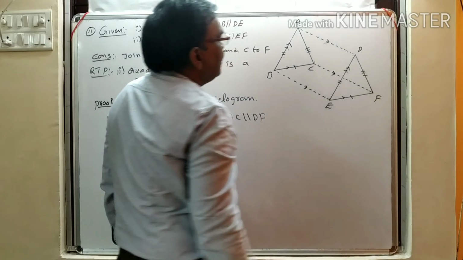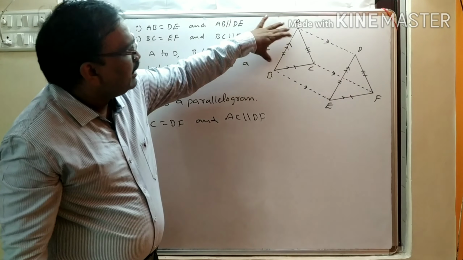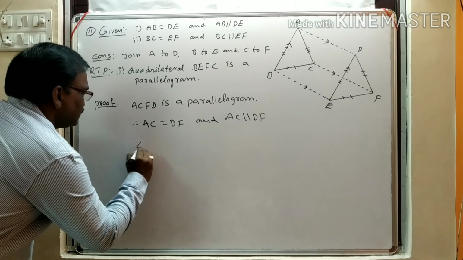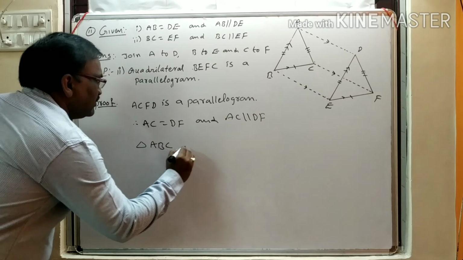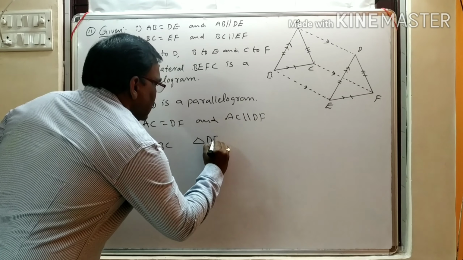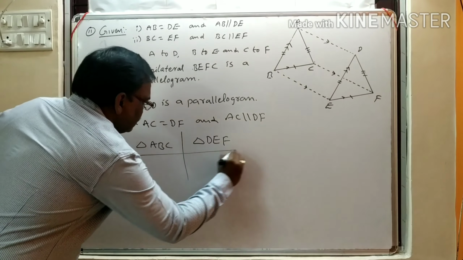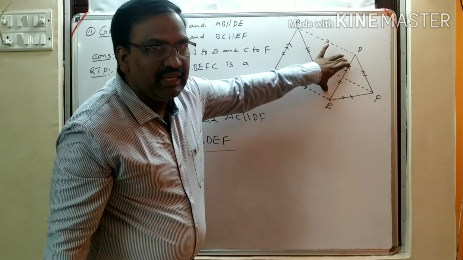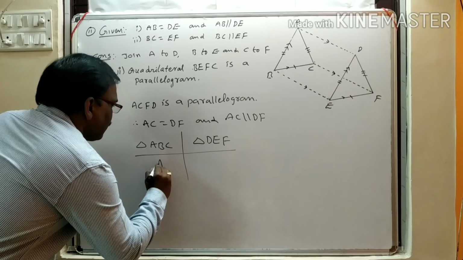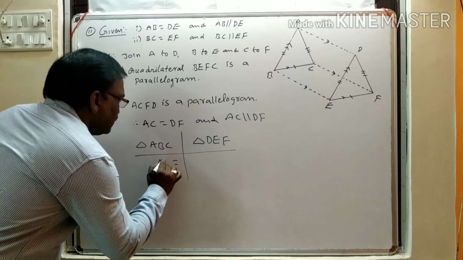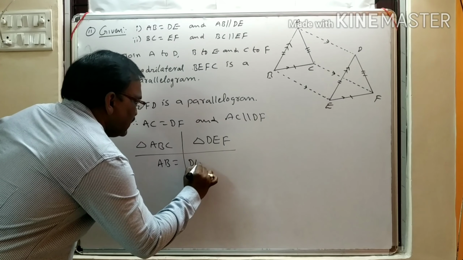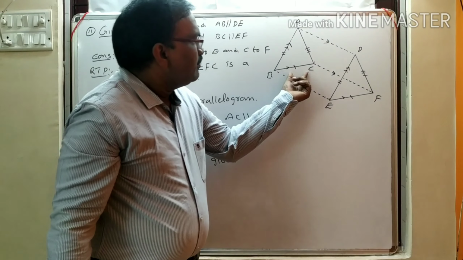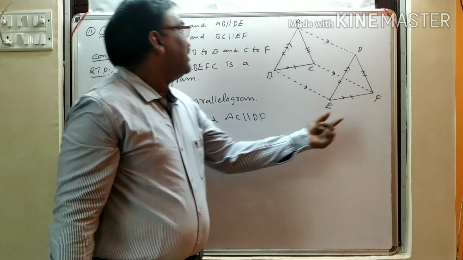Now observe triangle ABC and triangle DEF. So what is given? AB is equal to DE. This is given. Next, BC is equal to EF. This is also given.